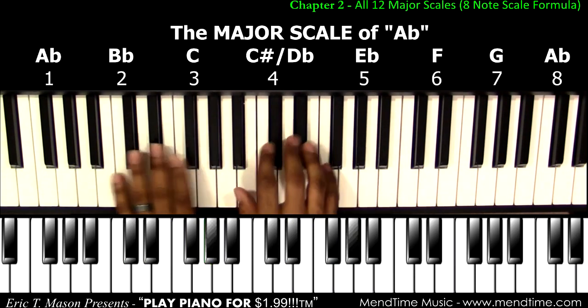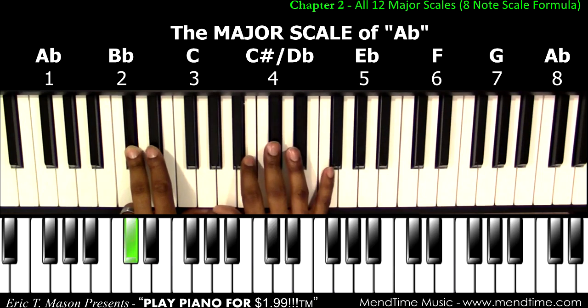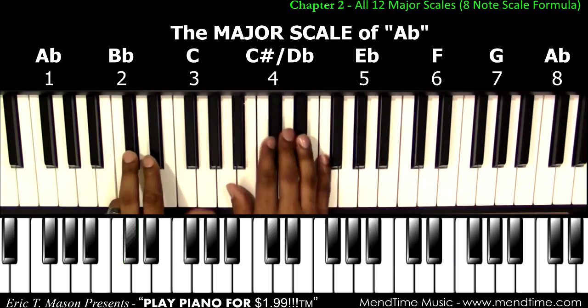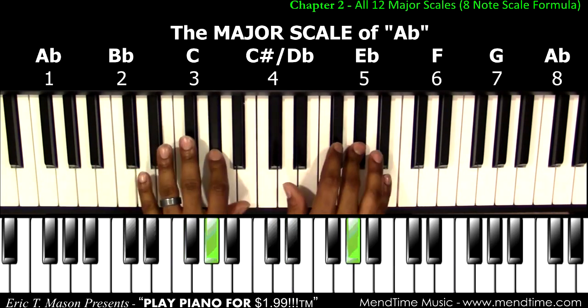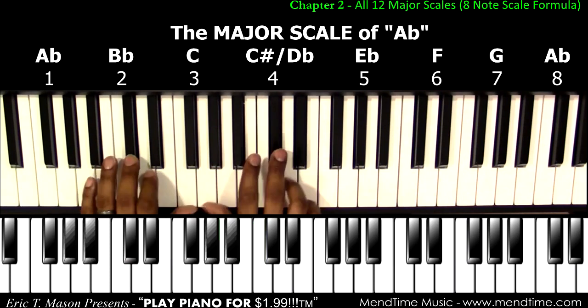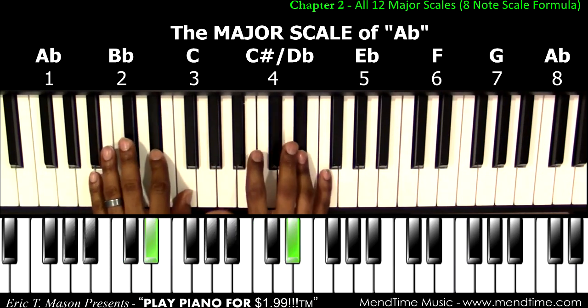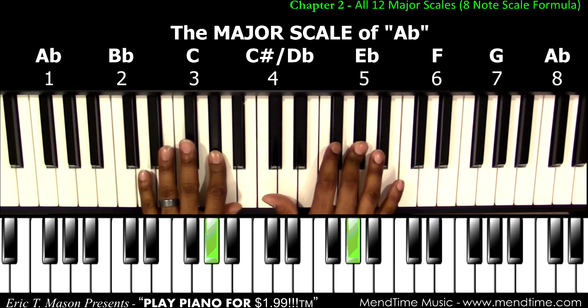So if you caught it just there, I called this C sharp instead of D flat. Either one is fine. You just get familiar with identifying the note by name. Okay? A flat, B flat, C, C sharp, E flat, F, G, A flat.